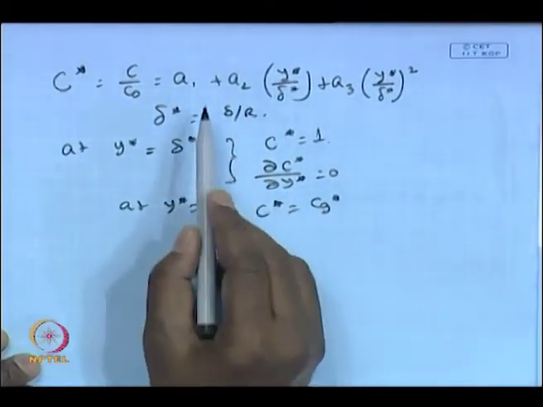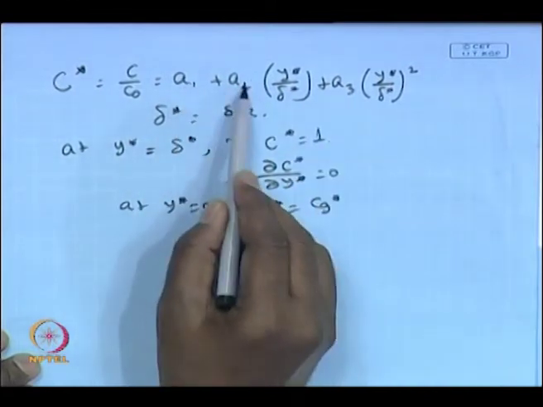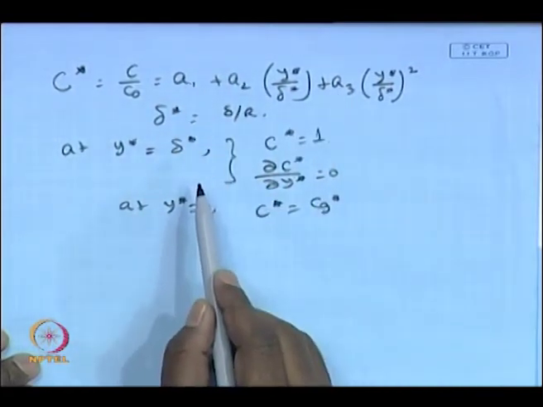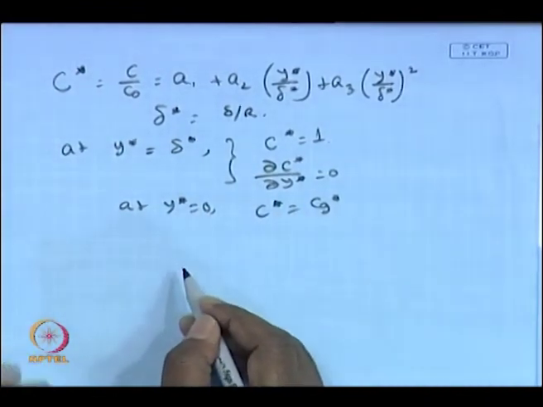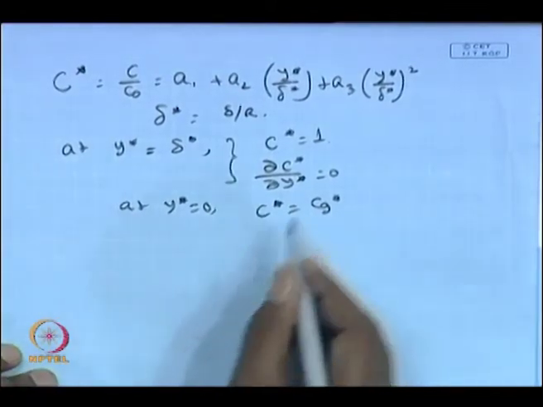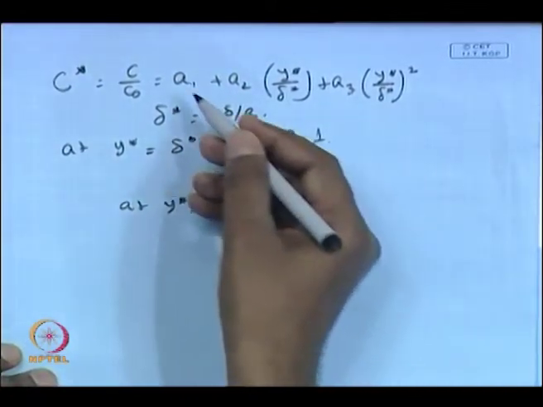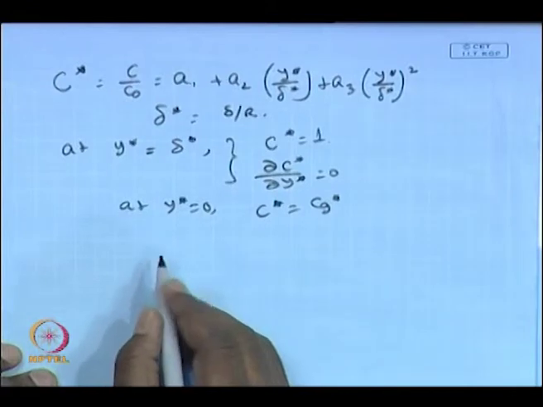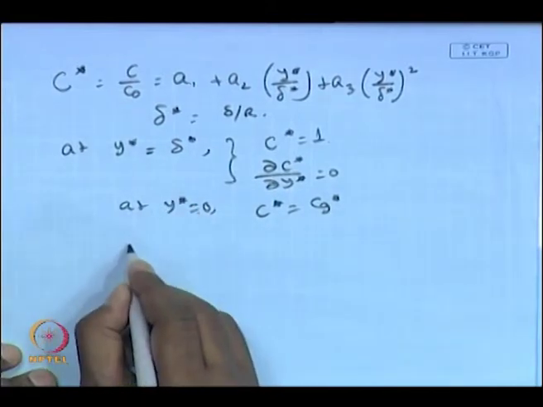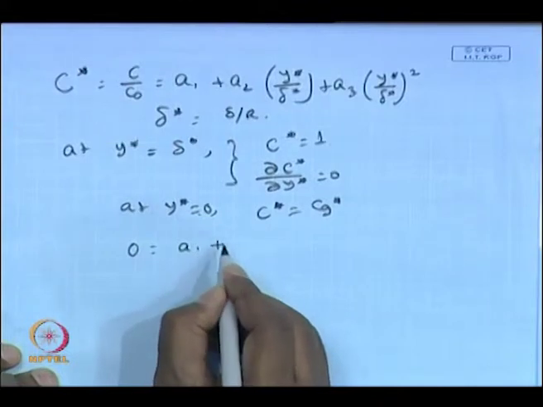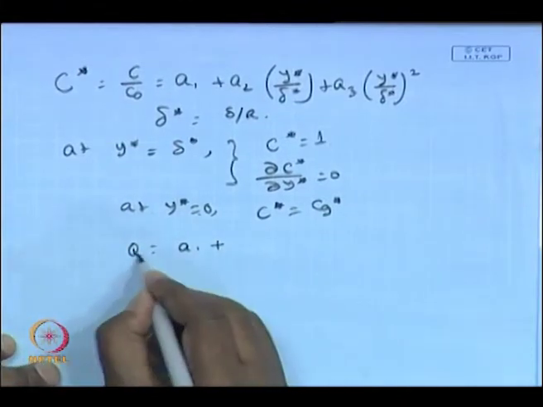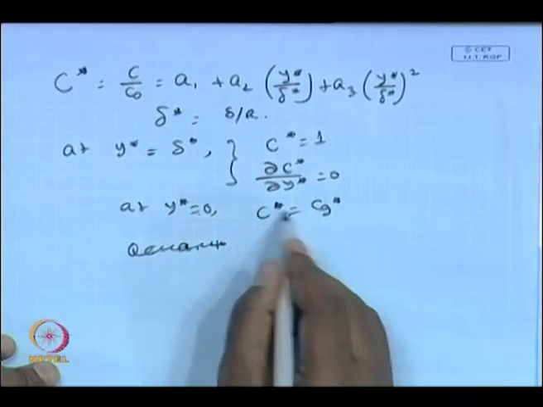So, therefore, you have three unknown constants in your concentration profile. That means you can go up to a quadratic approximation of the concentration profile. Now, using these three conditions, you can evaluate the constants A1, A2 and A3. Let us do that. At y star equal to 0, C star is equal to Cg star.